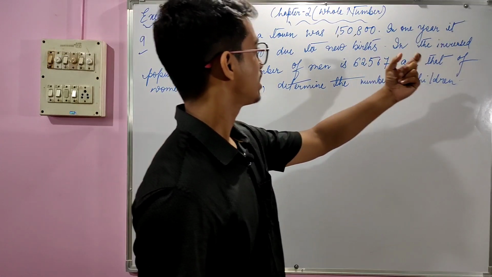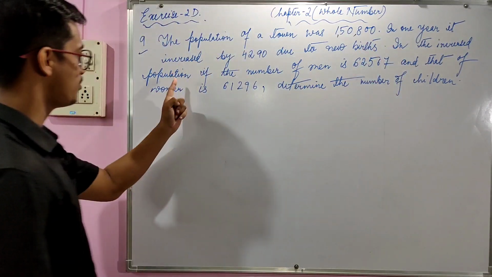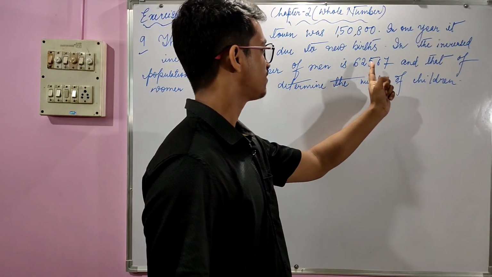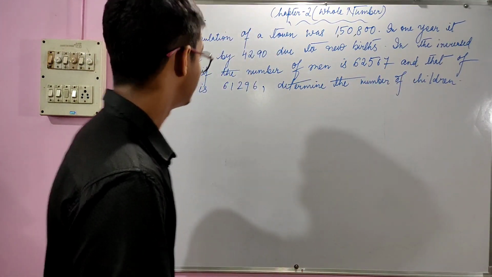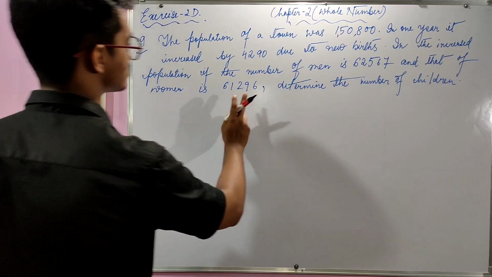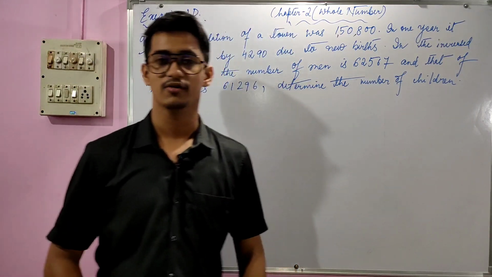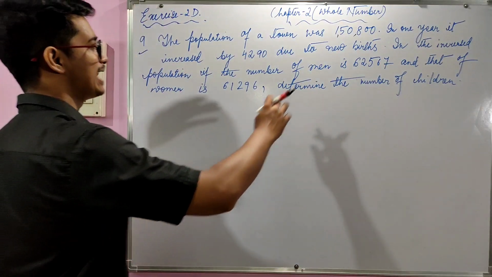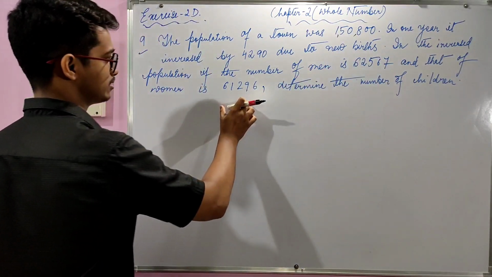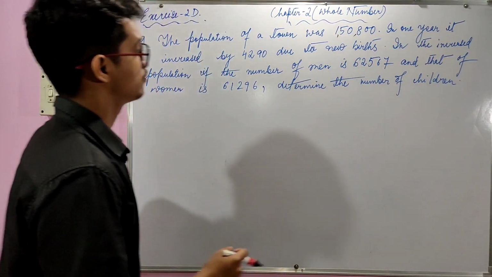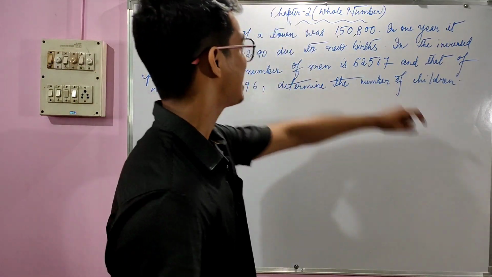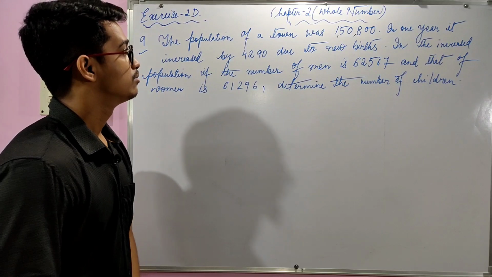Then in the increased population, if the number of men is 62,567, then that of women is 61,296. Determine the number of children. Here the numbers of men and women are given, so we have to find out how many children there were in the new population.